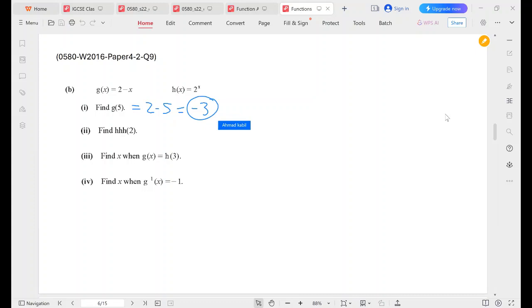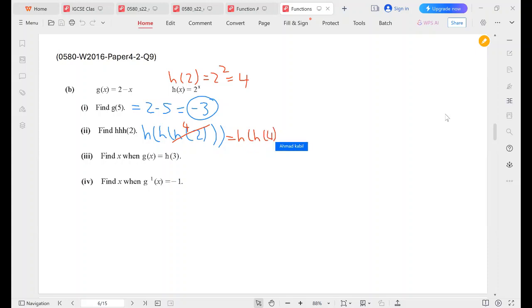In double I, we're required to find h of h of h of 2. We start with the innermost function. So h of 2 equals 2 power 2, and this is equal to 4. We can remove this and we write 4. So now we have h of 4, and h of 4 equals 2 power 4, which is 16.